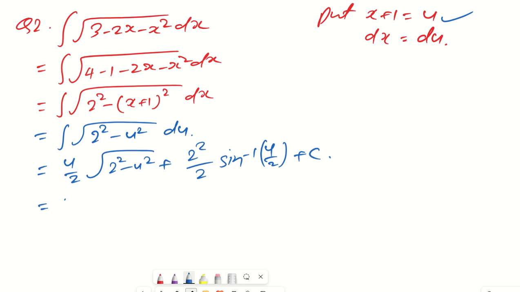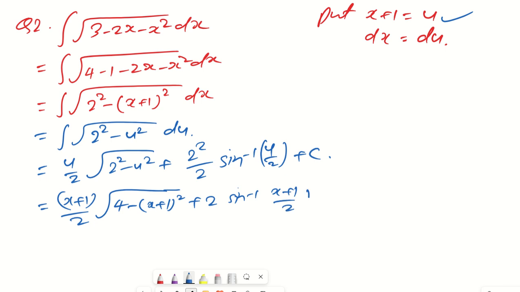So it is going to be x plus 1 by 2 square root of 2 to the 4 minus x plus 1 whole square, plus 4 by 2, that I can write directly 2 sine inverse of x plus 1 by 2 plus some constant c. You already know that this particular term we had solved. So this particular term can be replaced back, or you can expand this and solve it.